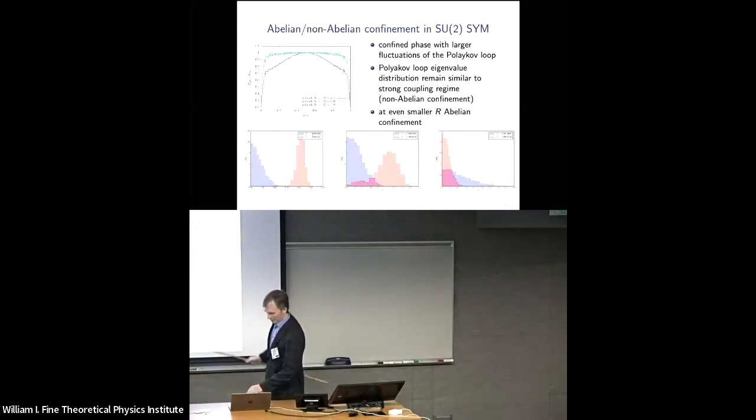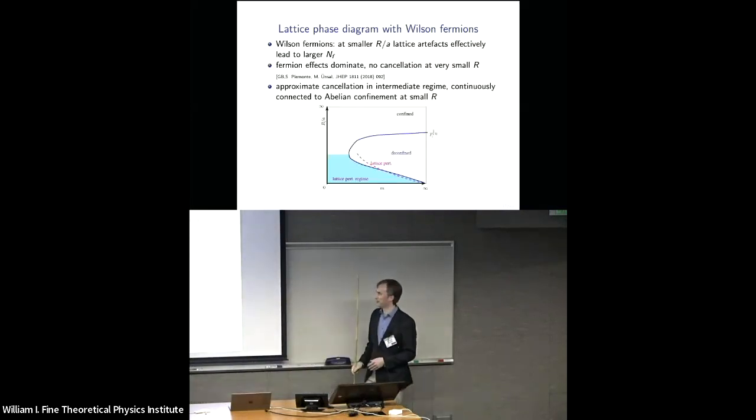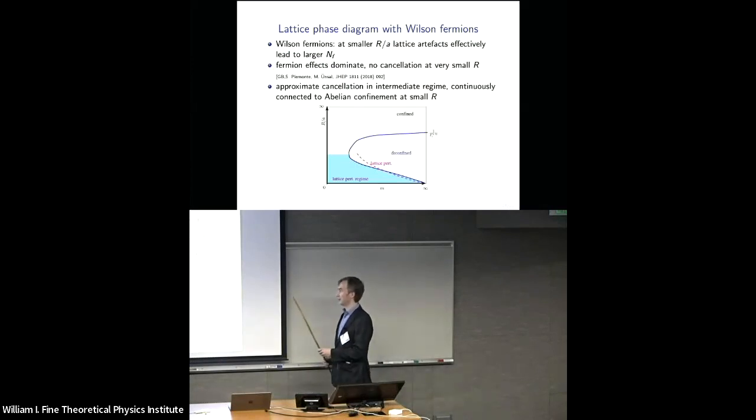But then at even smaller radius, you see a continuous transition to something which looks like abelian confinement, something that fixes the Polyakov loop and fluctuates around some configuration that is confined.